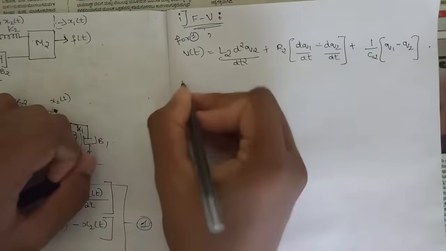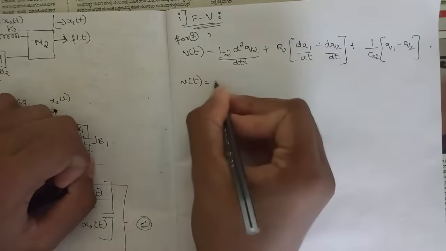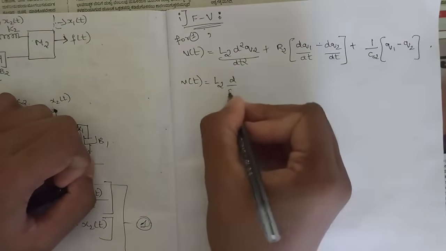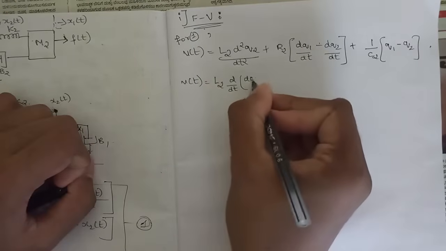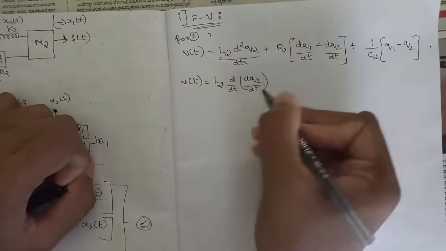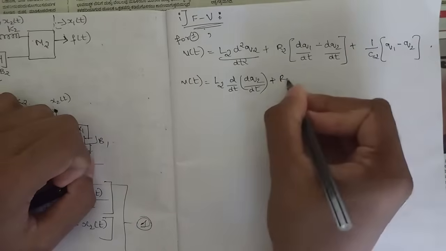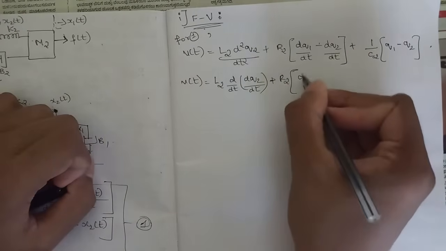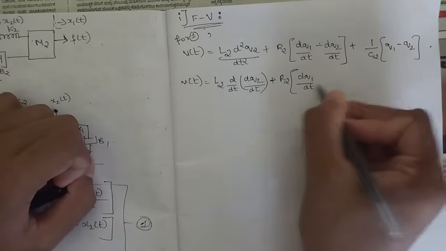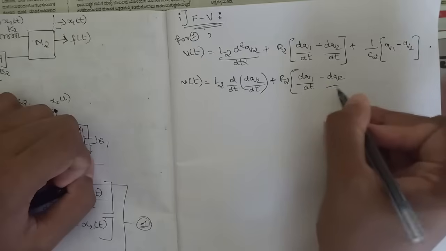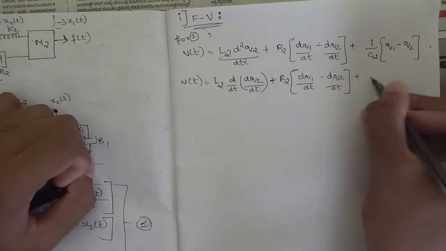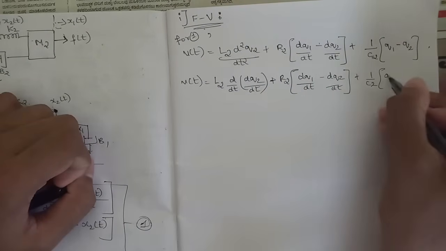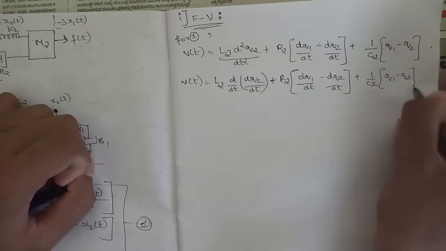Okay, so now let's solve this. L2 into, take d by dt common out, dq2 by dt plus r2 dq1 by dt minus dq2 by dt plus 1 by c2 q1 minus q2.